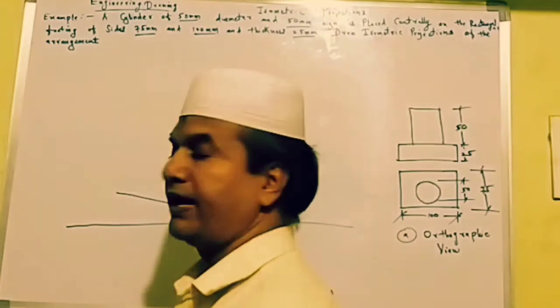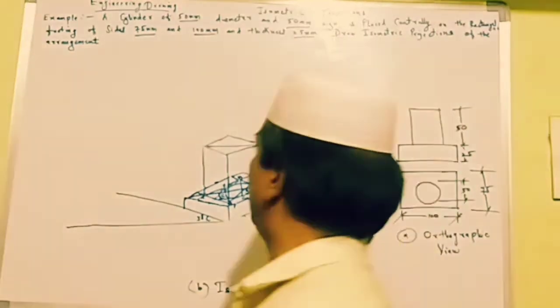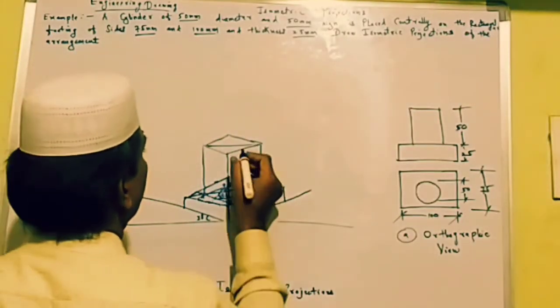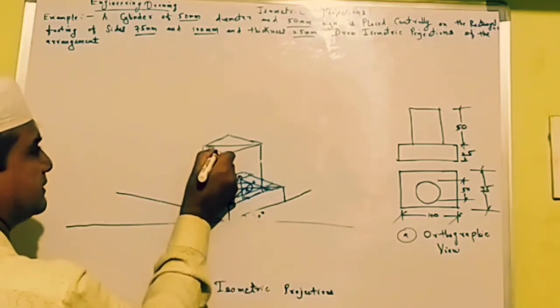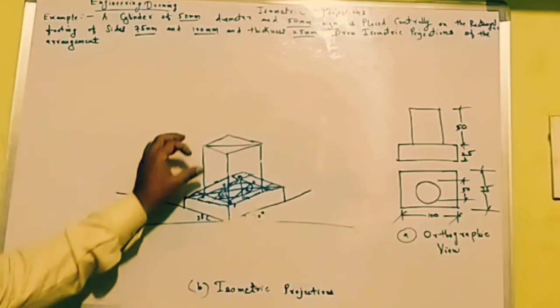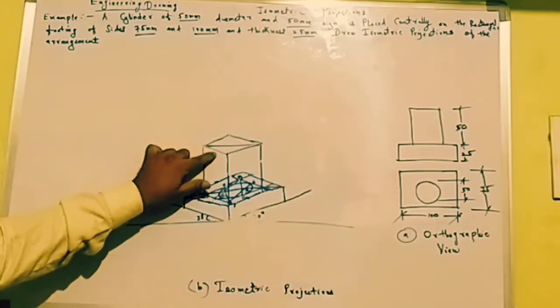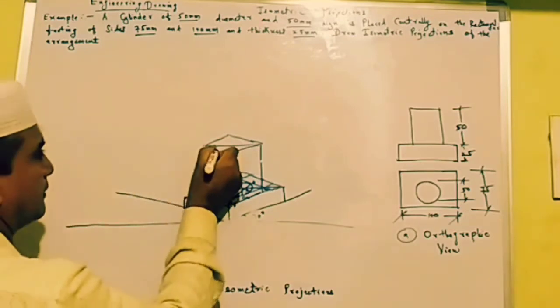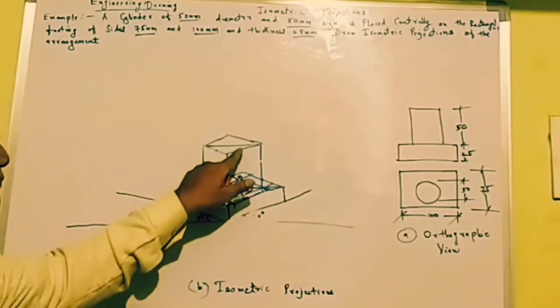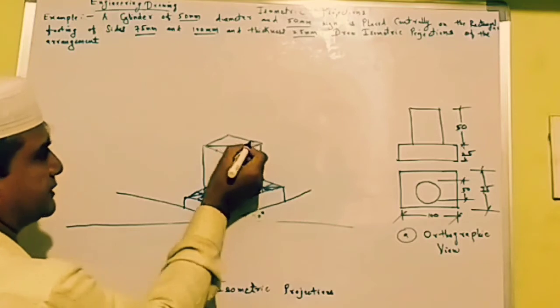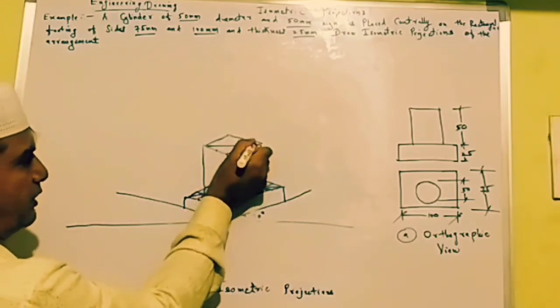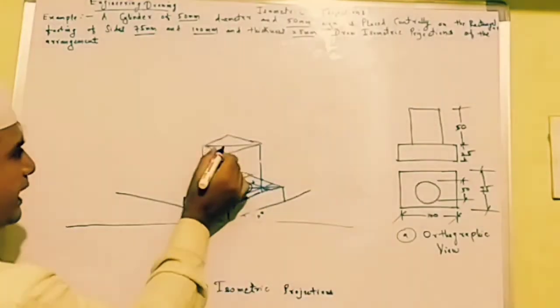Finally we shall get it in ellipse form. Okay. Now first of all we shall take the center of all sides. First, the center of this side. Second, the center of this side. Third, the center point of this side. Fourth, the center point of this side.